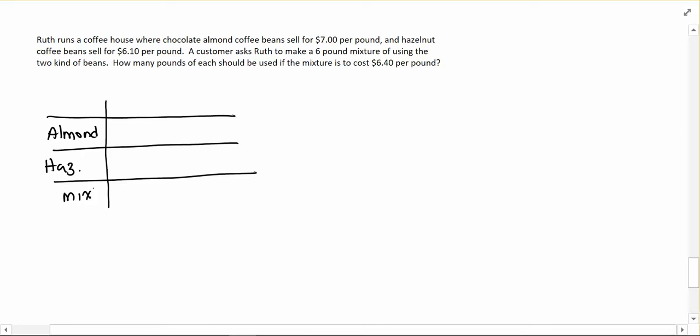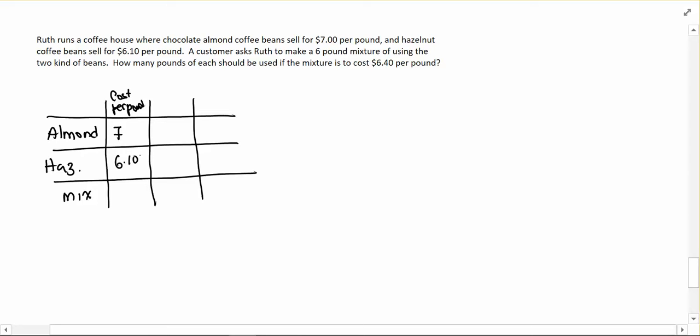And so the first number we come across is that $7 a pound, and so $7 is the amount the almonds sell for. So I'm going to put $7 right there. So that's a cost per pound. And then the second number we come across is $6.10, which is what the hazelnut sells for.